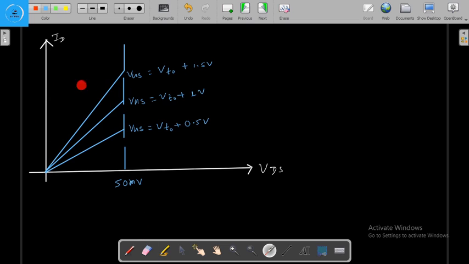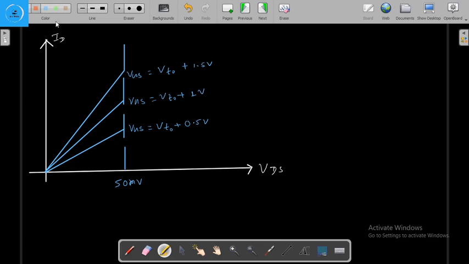Means here the drain current will be different, here it will be different, and here it will be different. So two things we have to understand: at a constant VGS, when we increase the VDS, the drain current increases, and at a constant VDS, when we increase the VGS, the drain current is increasing, right.